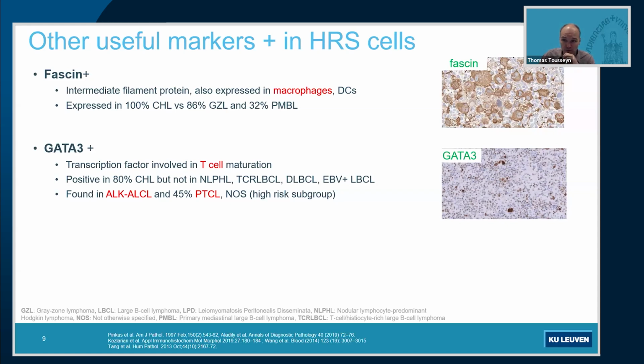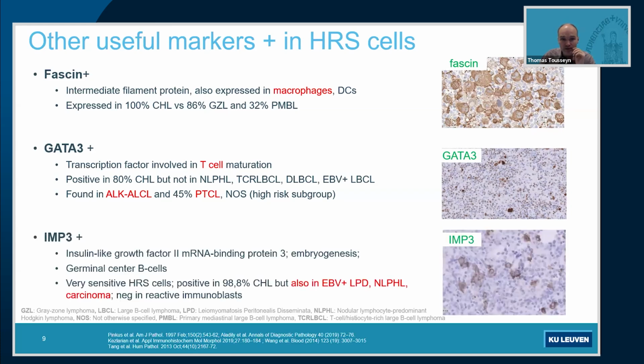It's interesting to use because other mimickers of Hodgkin lymphoma will mostly be negative for GATA3. So GATA3 will be positive in the surrounding T cells, but the atypical cells of interest will mainly be negative. On the other hand, as it's a T-cell marker, it's also found in T-cell lymphomas like ALCL or in a PTCL subgroup. So, of course, be aware of that.